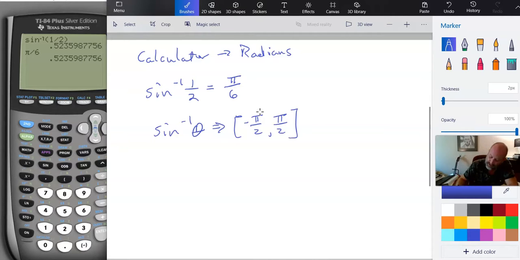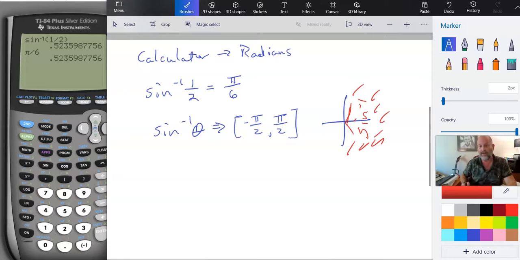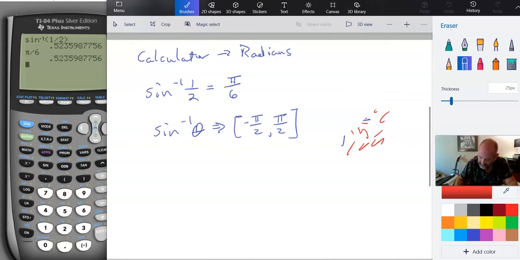And so as a unit circle drawing, all the angles that sine inverse is going to give fall into the first and the fourth quadrants. So these quadrants right here are where sine inverse spits things out. So those are all the angles from negative pi over 2 up to pi over 2. That is really ugly. Let's try this again.